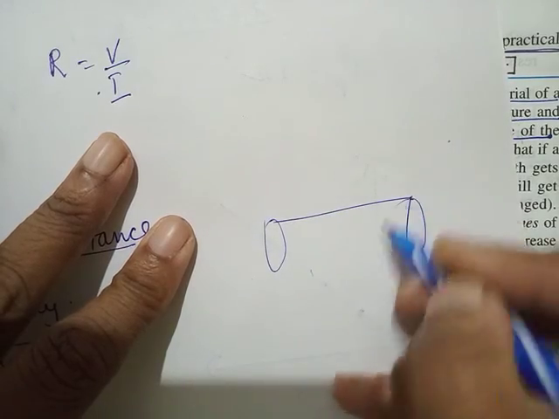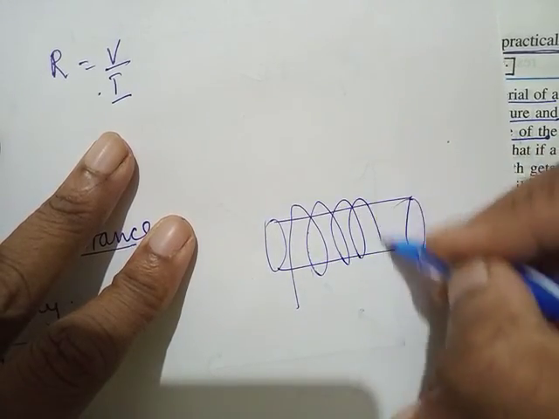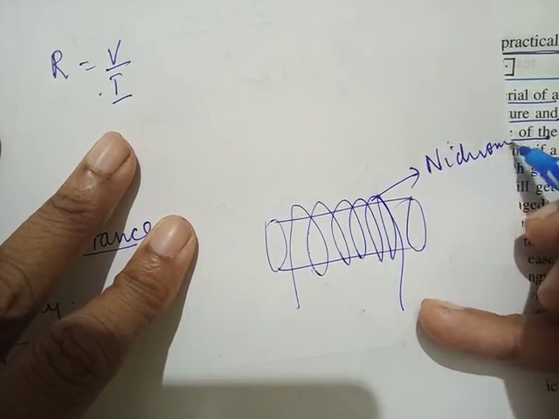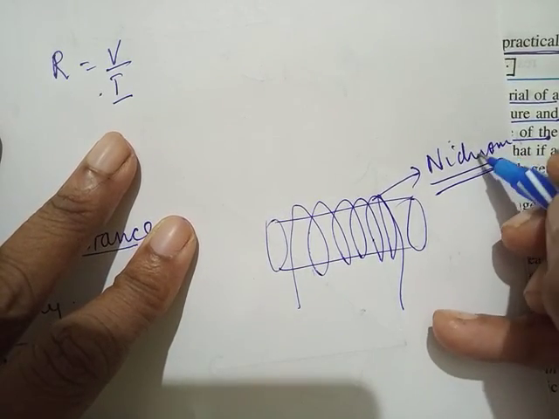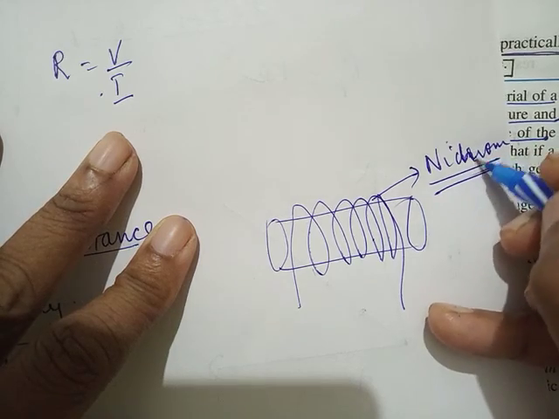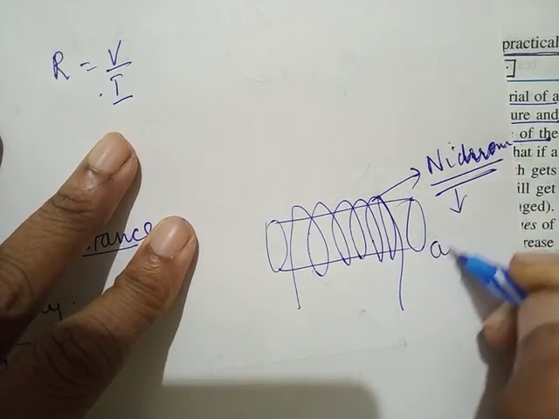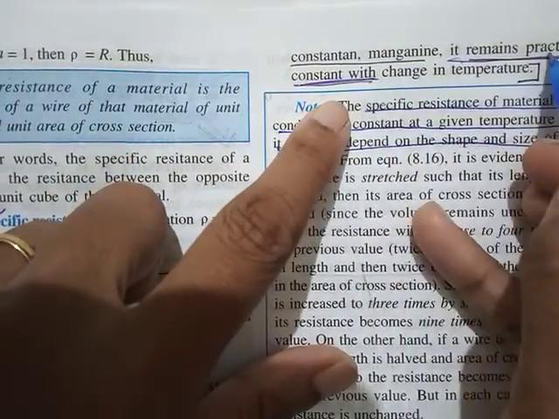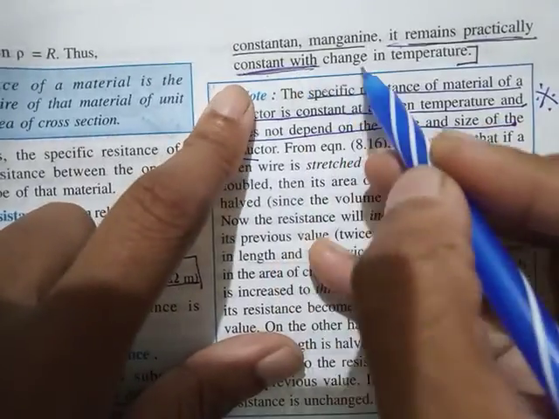There is a wire on it, a nichrome wire. This resistance wire is basically made of nichrome. The reason being, it's an alloy, and alloys have this special feature that their resistance remains practically the same with change in temperature.